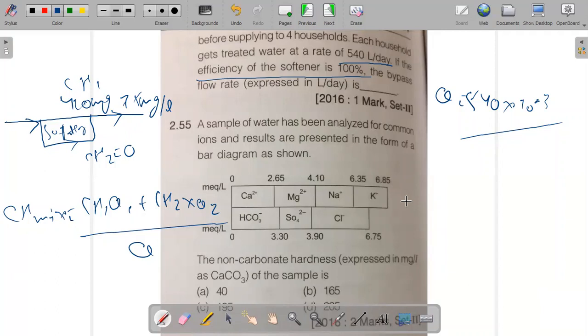Give me a second, guys. We need to find the total flow rate for 4 households. Let's calculate it.